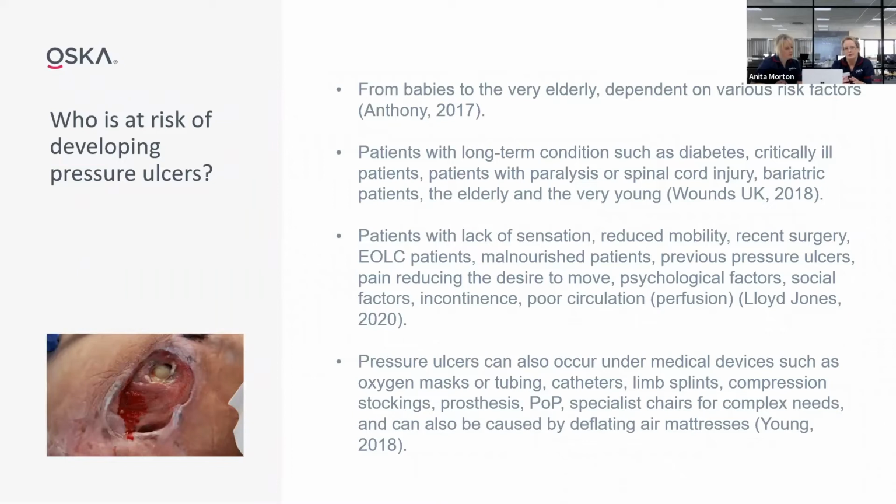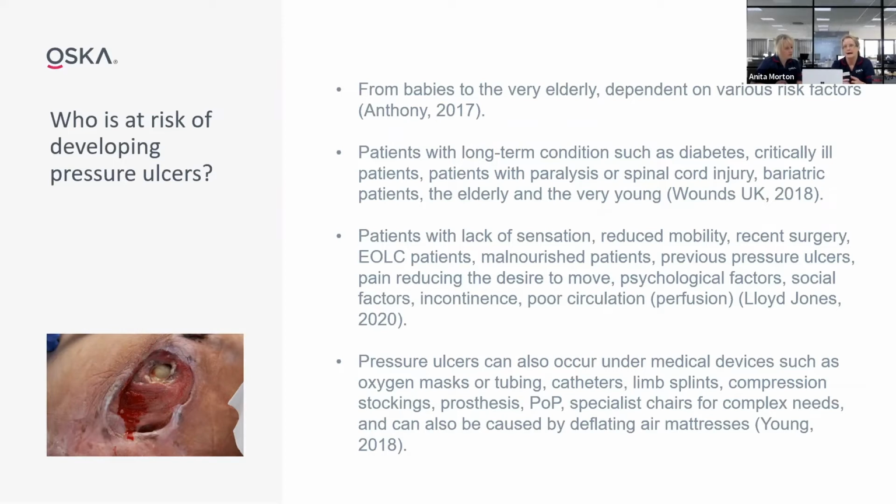There might be psychological or psychosocial factors that we need to think about, moisture-related factors we need to think about. And then we need to really look at the medical devices as well. So this medical device-related pressure damage, which is our 7th category, really is around anything that we use on the patients for treatment or therapeutic purposes.